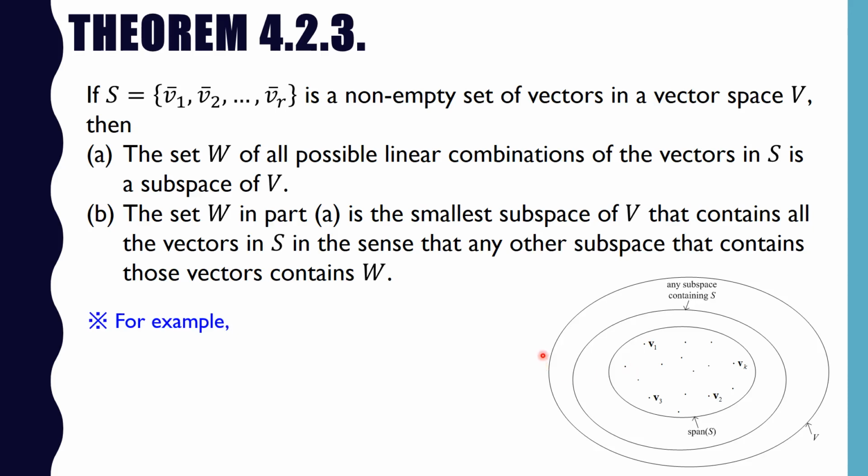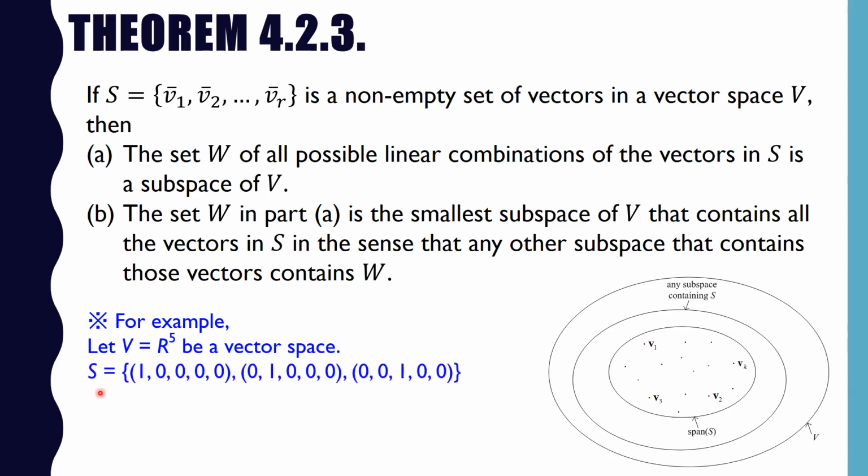Here, the larger circle represents the vector space V. This inner circle represents the subspace of the vector space, and the innermost circle represents the set S, which contains a finite number of elements of V. Let us assume the vector space is R5, the 5-dimensional real vector space.